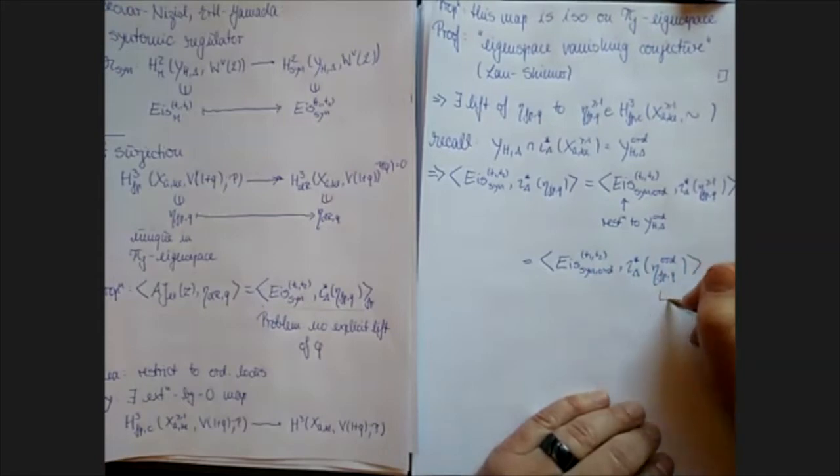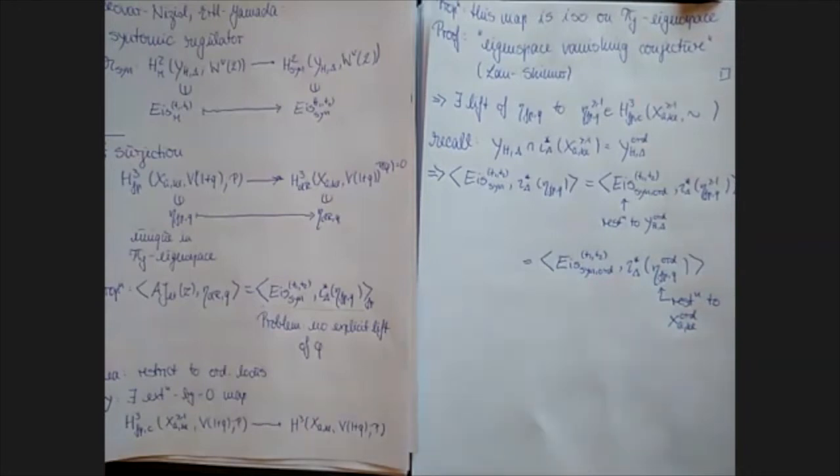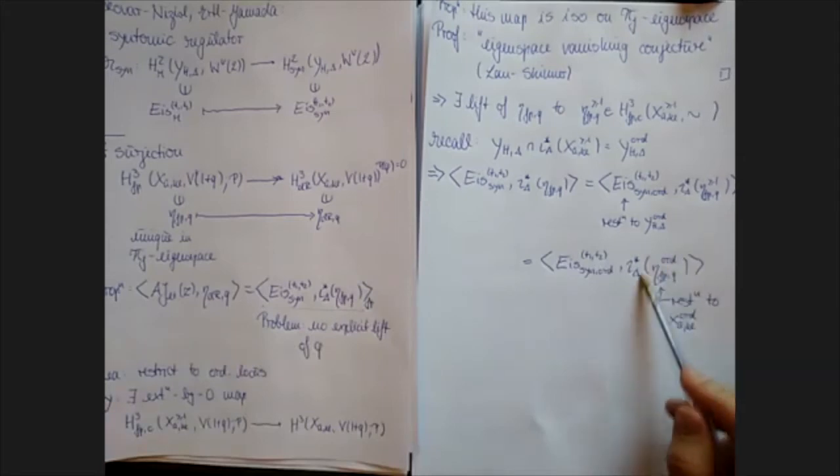So this here is the restriction to xg Klingen odd. Right. So this looks good, right? Because we are now over the ordinary locus where we have an explicit lifting of Frobenius.